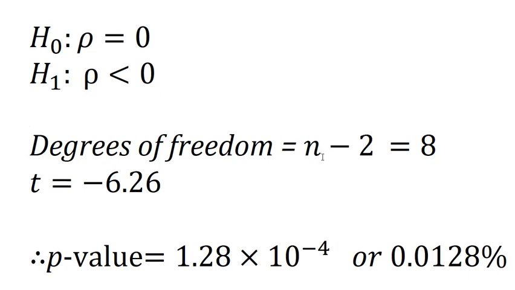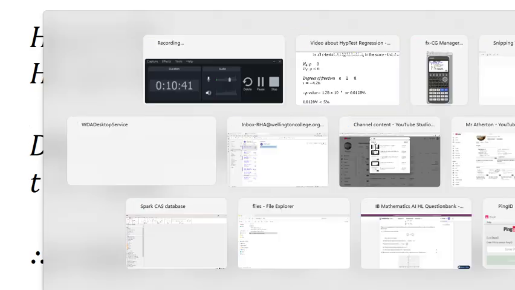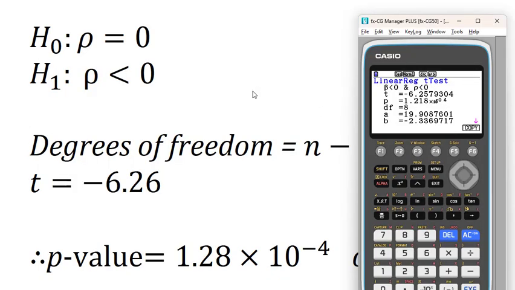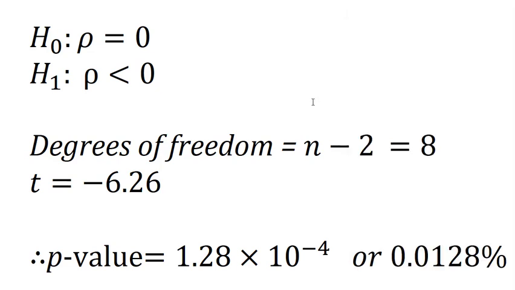There were 10 bits of data, and so the degrees of freedom is 8. This is something you just have to learn, except the calculator simply tells it to you. But for a regression hypothesis test, the number of degrees of freedom is given by this formula here. So there are 8 degrees of freedom. I'll have a separate video about what that means. The t-value is -6, separate video about what that means.